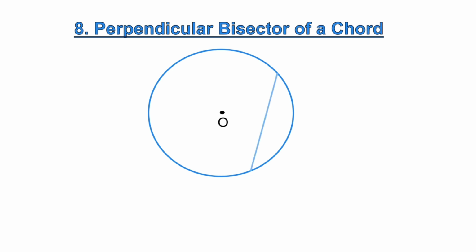Now we are going to draw a perpendicular bisector to pass through the center and intersect or cut the chord AB. We take this as PQ, our perpendicular bisector. You realize that PQ passes through the center and also intersects chord AB.